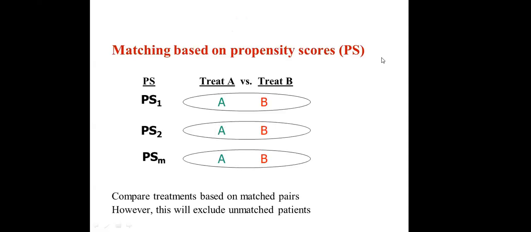So if we match on propensity scores, we take a certain score that's maybe a certain range, and we get someone who didn't get treated, we'll call that treatment A, and someone who got treated, call that B, and we have those 2 people match. They have very similar propensity scores. We can then compare the treatments. Eventually, when we get to the outcome, we will use these matched pairs to see if there's a difference in outcome between each pair.